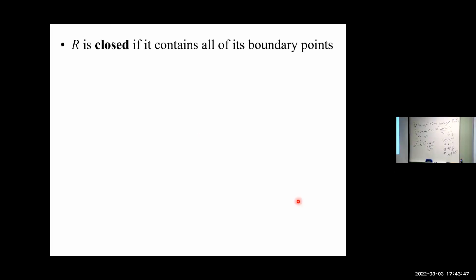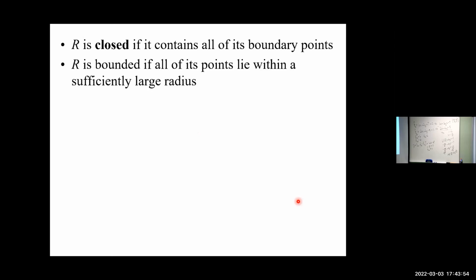But there's a little terminology for it too. It has to be closed and bounded. So R is closed if it contains all its boundary points. R is bounded if all of its points lie within a sufficiently large radius. So it has to be both, and I'm going to give you some examples to make sense of what the difference is.